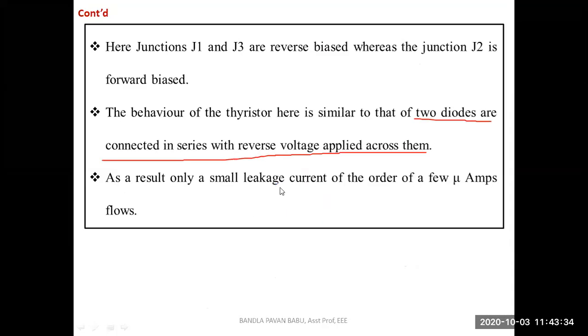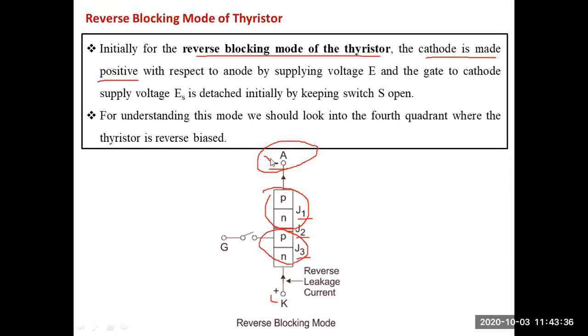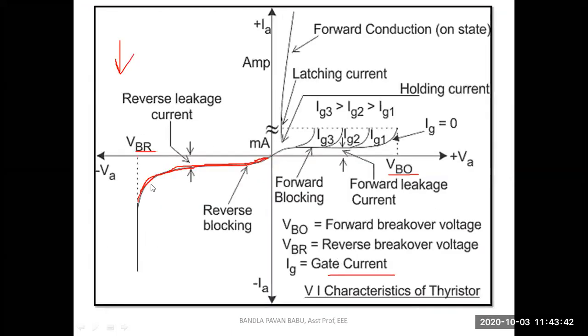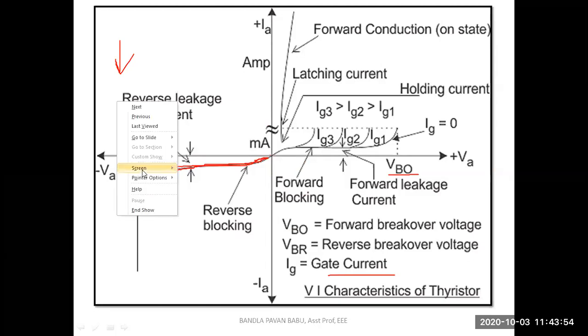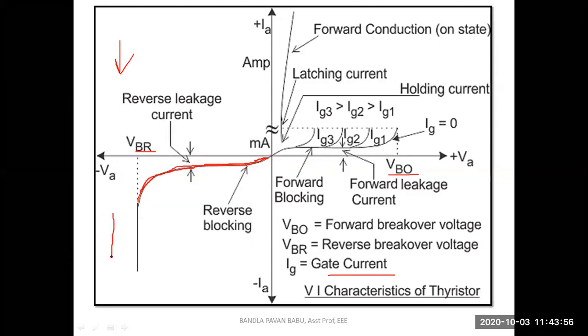Since we are applying the voltage between the anode and cathode in the opposite direction, the current exists up to a certain finite value, denoted as VBR. After that, it reaches breakdown, which is the avalanche breakdown, the reverse avalanche breakdown.